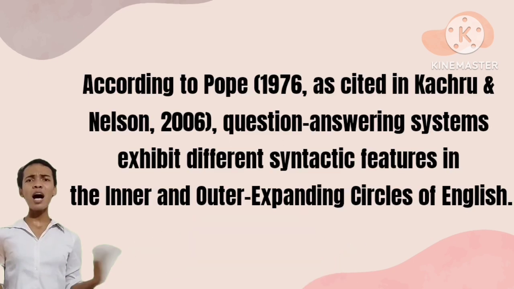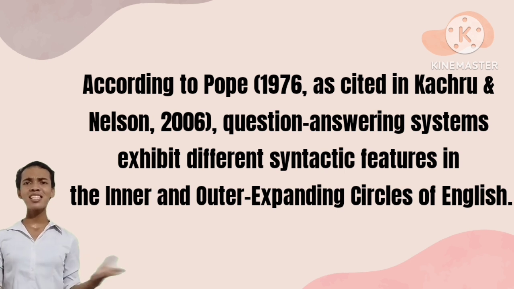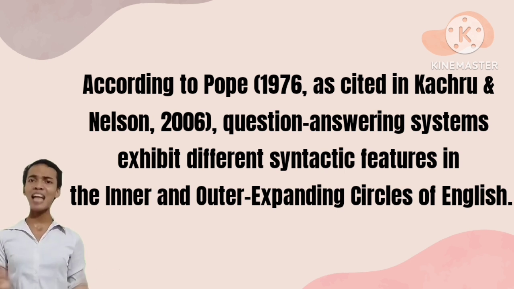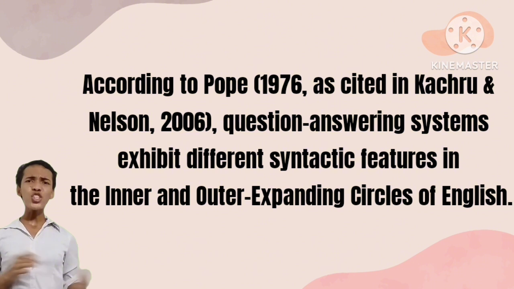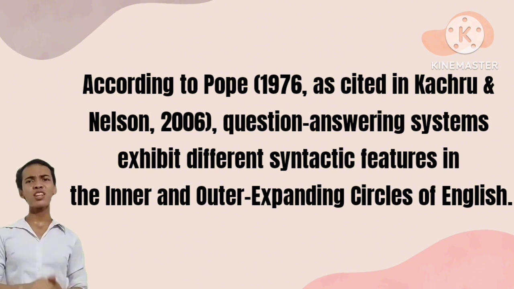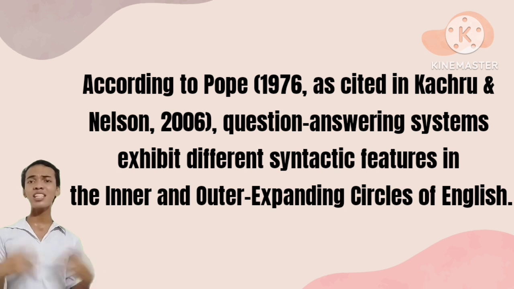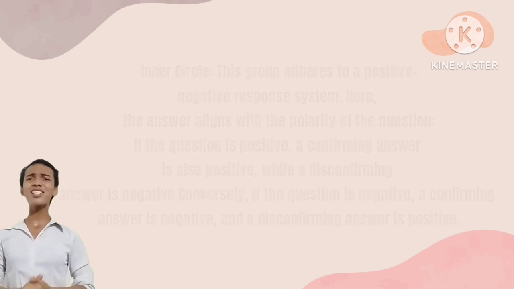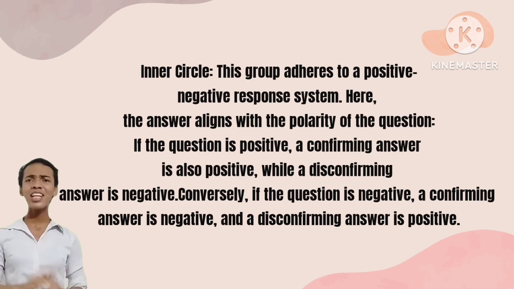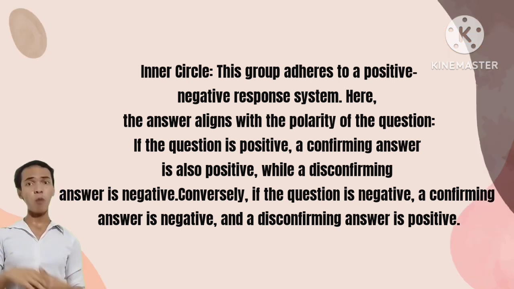Quirk in 1970, as cited by Nelson in 2006, described the questioning and answering system exhibiting different syntactic features in the inner and outer expanding circles of English. The inner circle adheres to a positive and negative response system. Here our answer aligns with the polarity of the question.